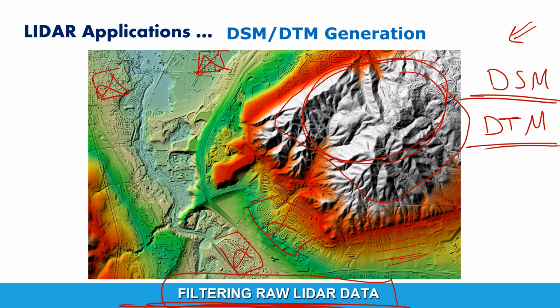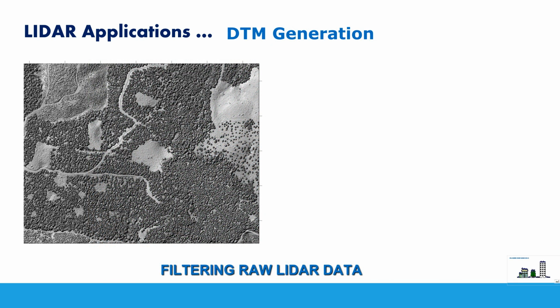Now let's speak in more detail about the filtering of raw LIDAR data, guys. Let's return to our example for this forested area here. This is a digital surface model of this forested area. We have here trees, okay, and here we have, as I have just mentioned, clear-cut areas with no trees at all. Here we have few trees, not very dense forest here.